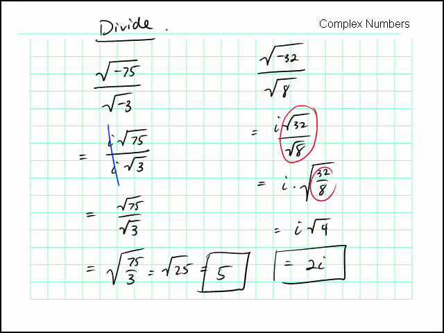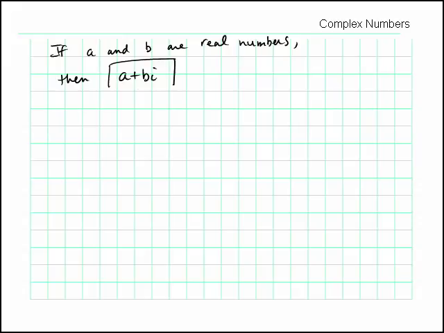Okay, now that we talked about the imaginary number i, what is a complex number? If a and b are real numbers, then a plus bi is a complex number. So anything of the form a plus bi is considered a complex number.